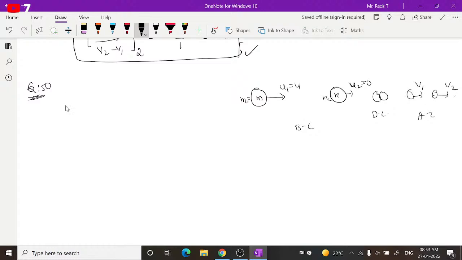By using relative velocity relations, you can understand here that during a collision, relative velocity of separation by relative velocity of approach is the coefficient of restitution, right?